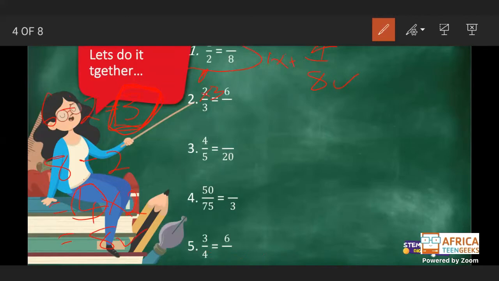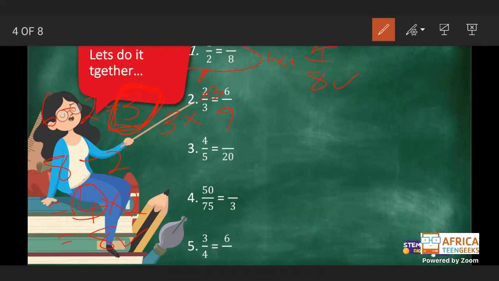So we need to multiply both numbers, our numerator and denominator, by the same number. So we multiply 3 by 3, and then we'll have 9. So our answer for number 2, our new fraction, will be 6 over 9. All right. So let's go to number 3.